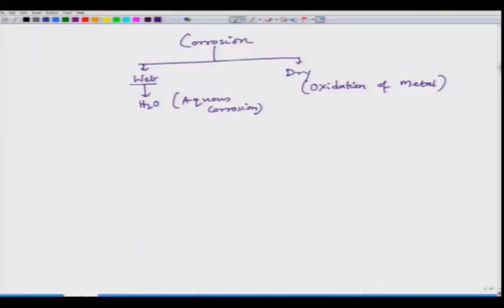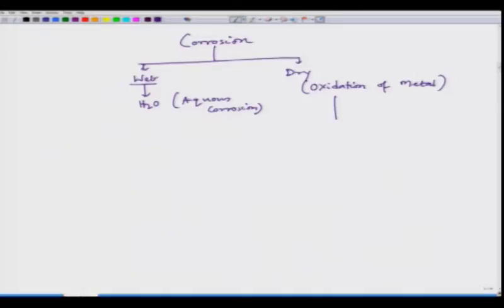Aqueous corrosion, from those 2 examples, it is very clear, it involves oxygen, it involves water, because in one case we are dipping zinc metal into dilute HCl solution, which is an aqueous solution of HCl, and in the second case we are seeing corrosion of an iron object in the environment, in the atmosphere, where we have moisture, which is again water. Of course, there oxygen is also involved.